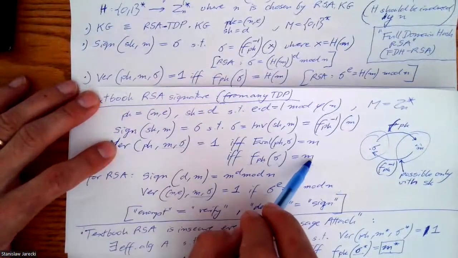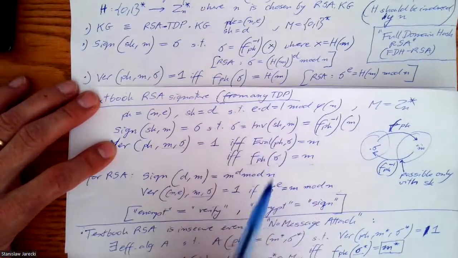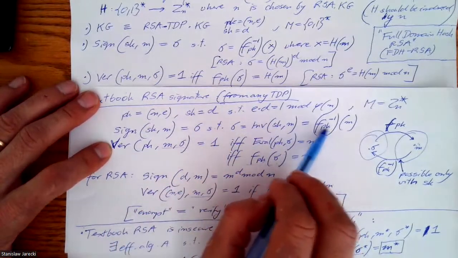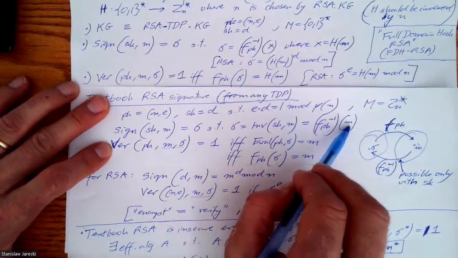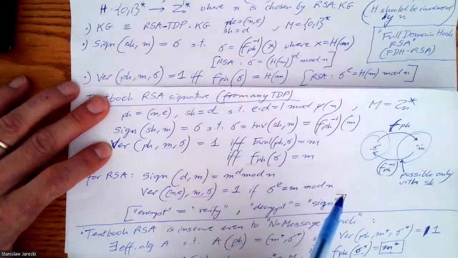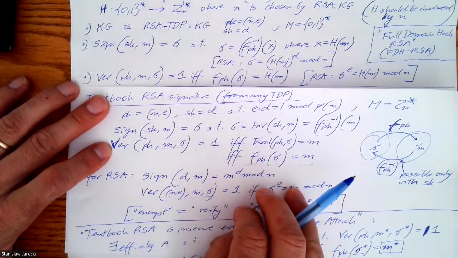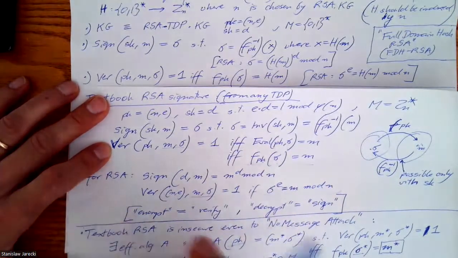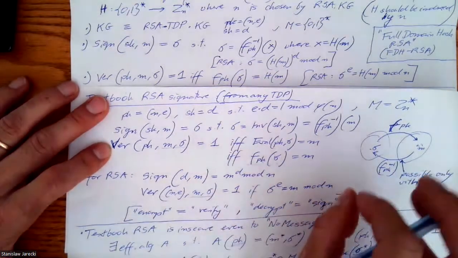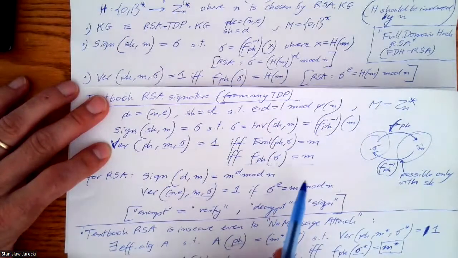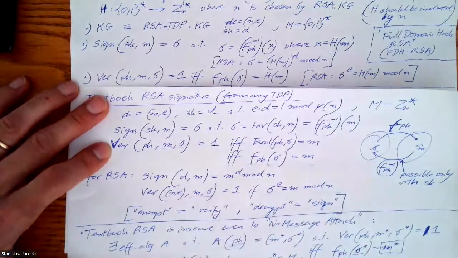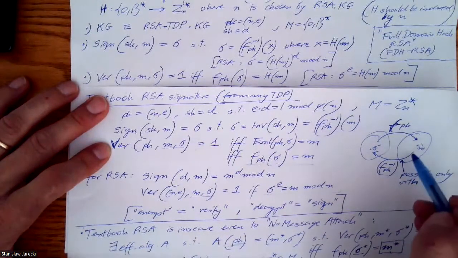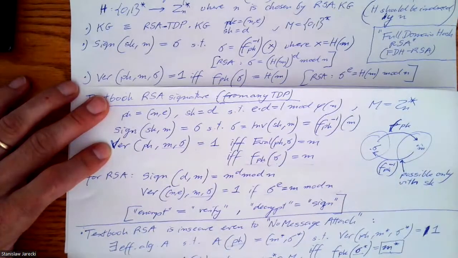But I expect to see not the message itself, but the hash of the message. And when I sign, I compute the inverse, not at the message itself, but on the hash of the message, right? So it's a hash function that is doing this randomized encoding of a message as a point in the message space, as in the domain of the trapdoor permutation.